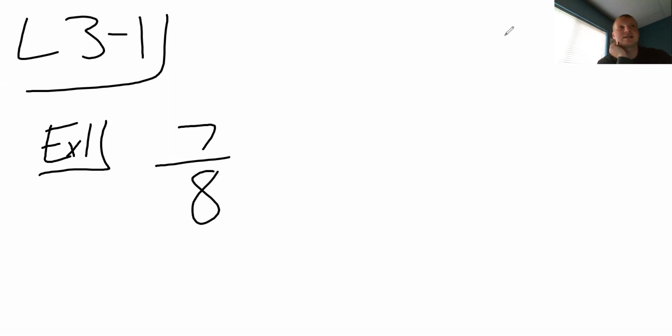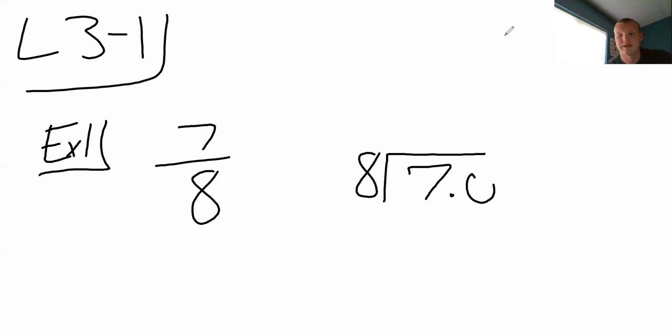Madeline, how would I write 7/8 as a decimal? Yep. Put a 0.0 right there. Put my decimal right there. So how many times does 8 go into 70, Madeline?